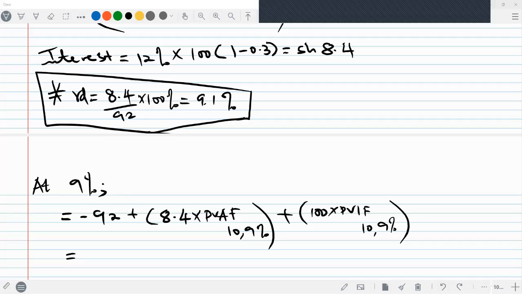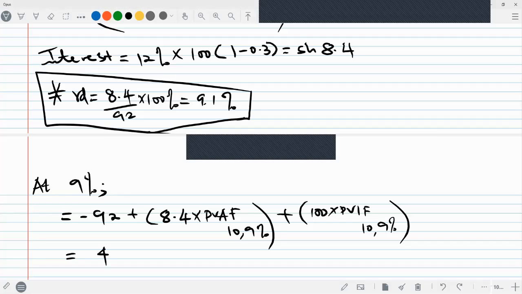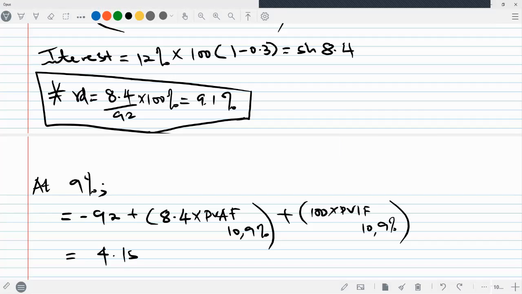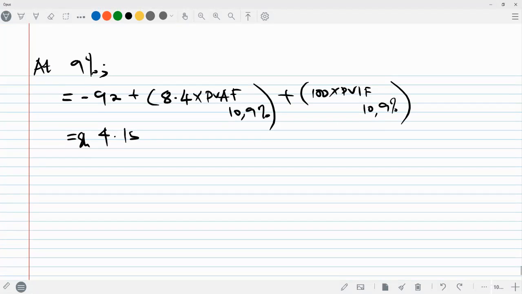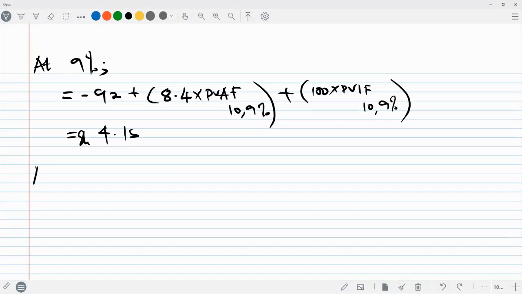I'm getting 4.15. Positive or negative? Positive, 4.15. So we can increase our discount rate to, let's say, 10%. Same process, but now at our second trial, 10%.